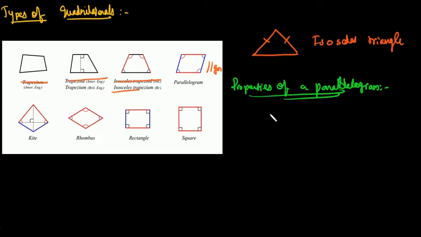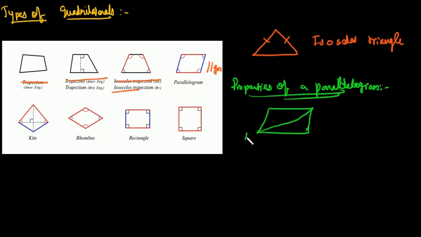So when you have a parallelogram, if we draw a diagonal, then it divides it into two congruent triangles. That means all the sides here are equal to the corresponding sides; one side is equal to another side, and this side is equal to another side.